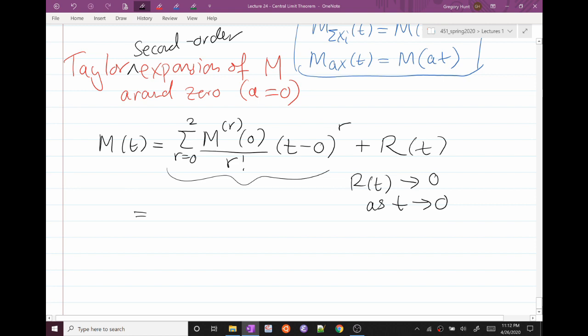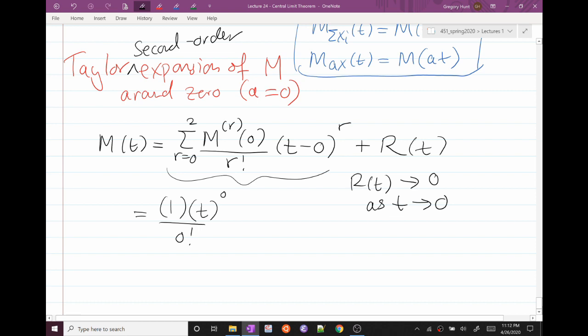the 0th derivative is just going to be defined as 1, right? And so it's 1 times t to the 0 over 0 factorial.